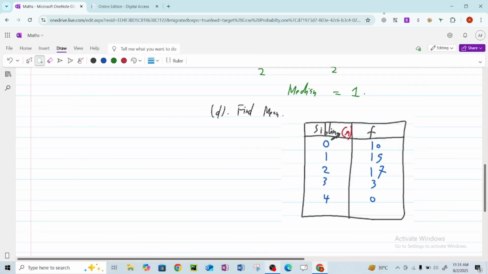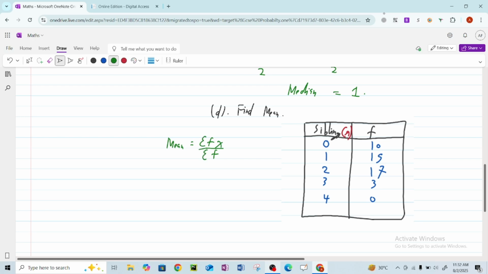Now, for the mean, what we're going to do is first make a third column. Basically, the mean's formula is Σfx divided by Σf.